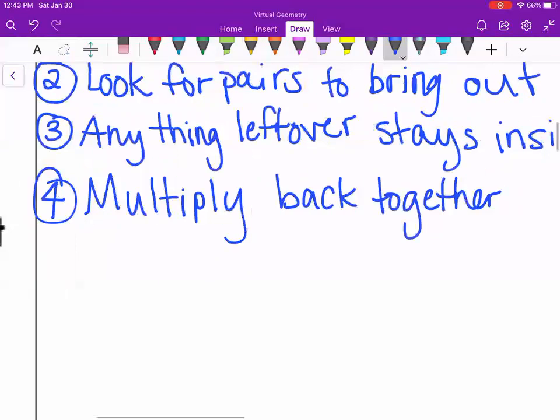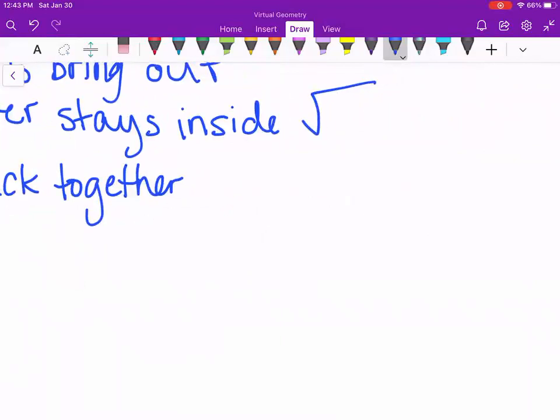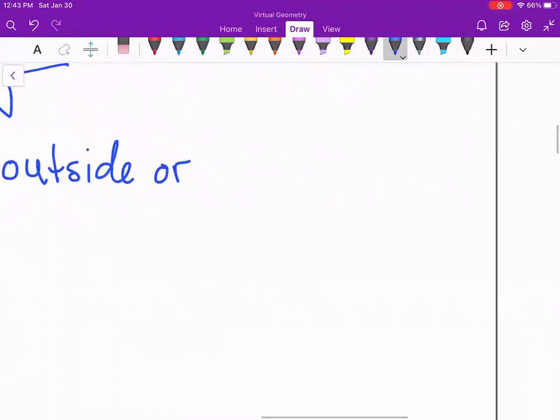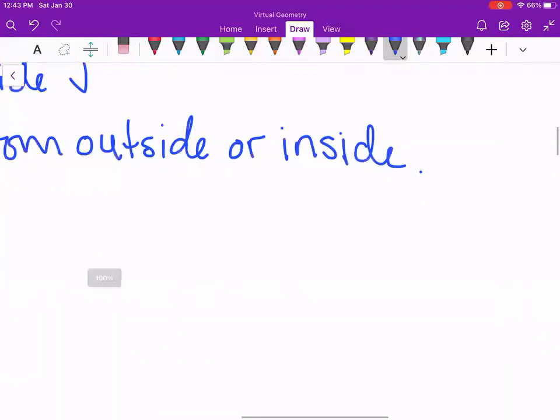And it doesn't matter if it's on the inside or the outside. So from the outside, if I have more than one thing, more than one pair, I multiply it back together. And now on the inside, if I have more than one left over in the inside, it gets multiplied back together. And we'll see some of both here in just a second.